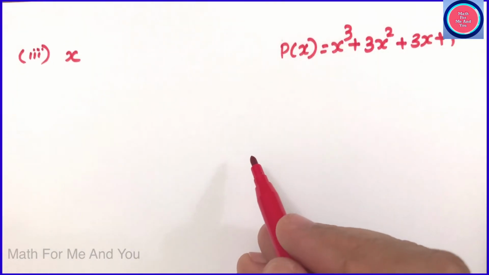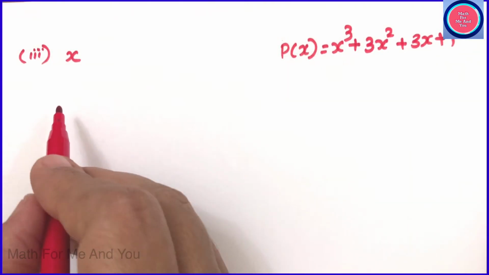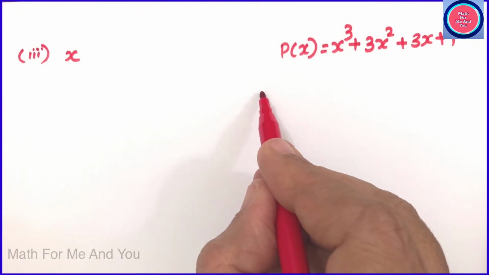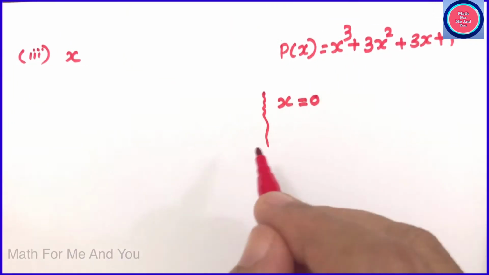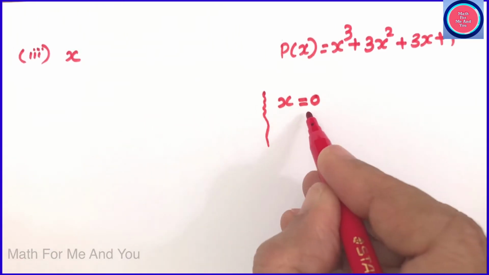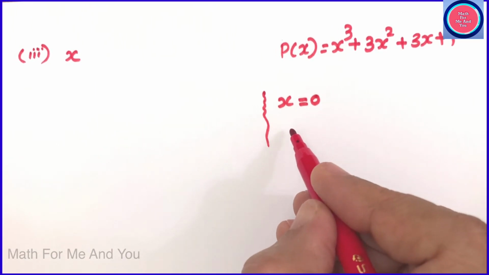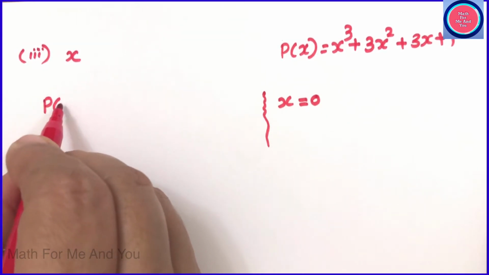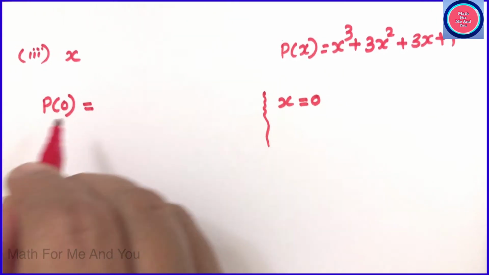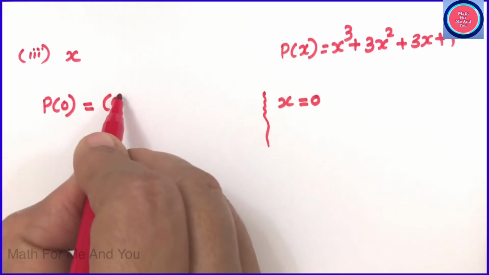Next linear polynomial is x. We have to find what is the remainder we get when we divide the polynomial p of x with x. For that, take x and equate with 0. Put it as equal to 0. x equals 0. Yes, we get the x value directly. Then substitute this in the polynomial. In place of x, left side it is p of 0.